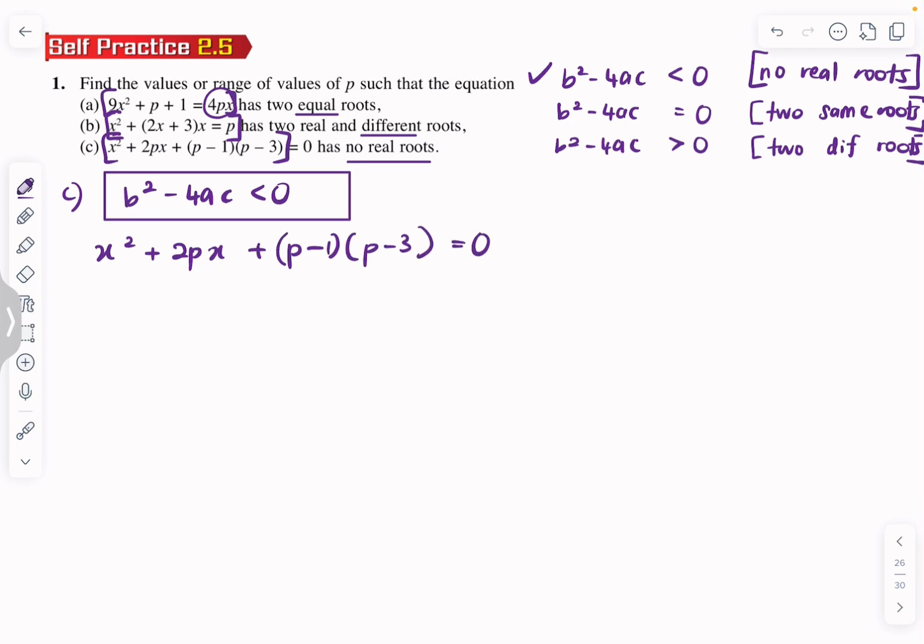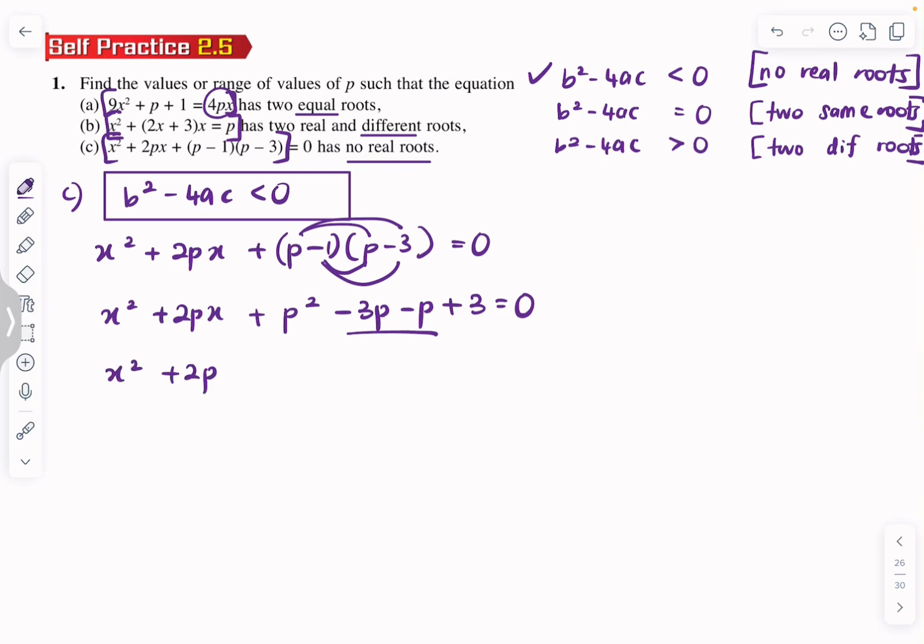Let's expand this. So we get x square plus 2px plus p square minus 3p minus p plus 3. So now, we can still simplify it. So x square plus 2px plus p square minus 4p plus 3 equals to 0.